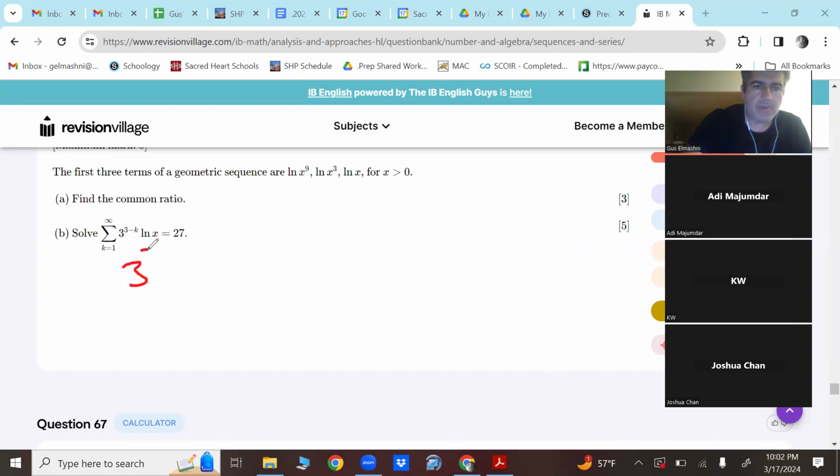So that's 3 to the k, k equals 1 to infinity, and that's ln x. I assumed that k was 0 initially.